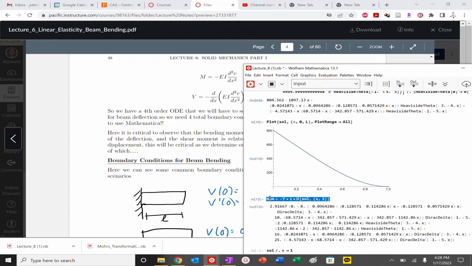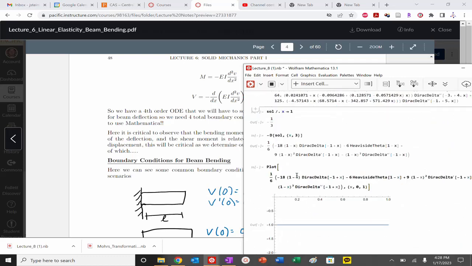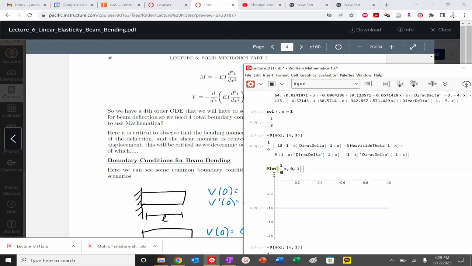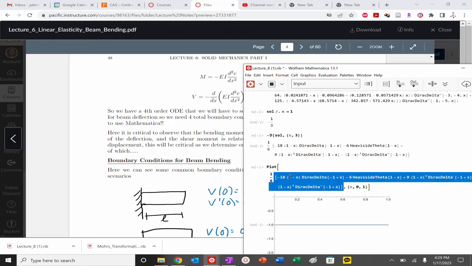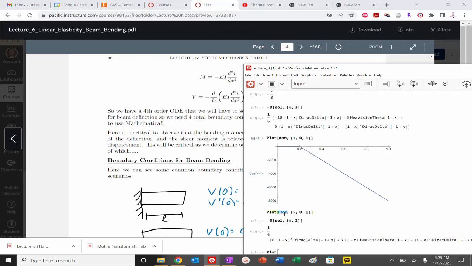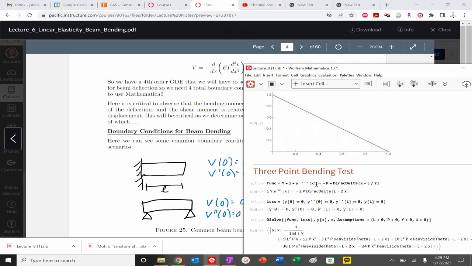Same thing for shear, except it's going to be to the third. So we can plot that. Makes sense: 0 moment there until we hit that. What about shear? We've got that. We can see the plots there.